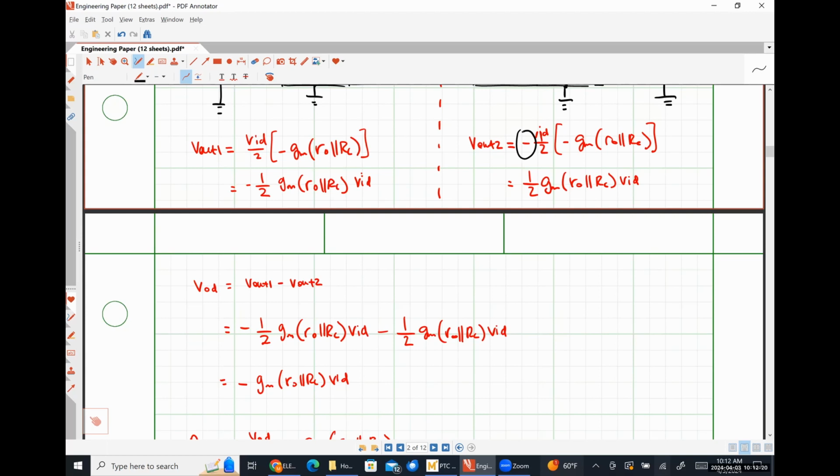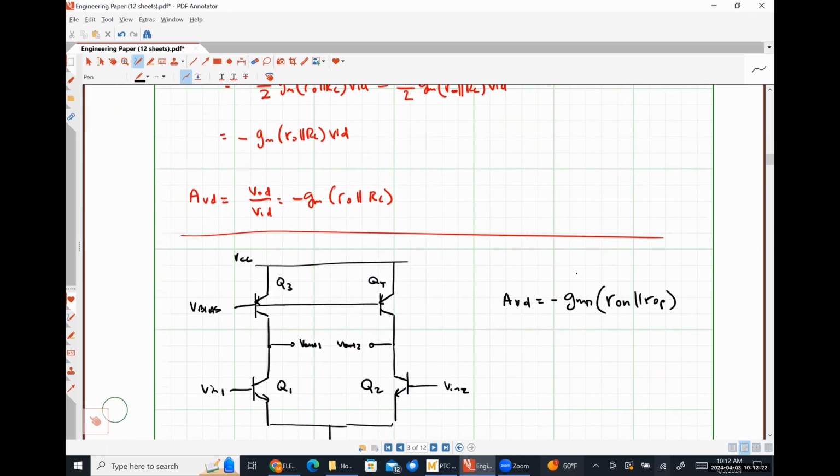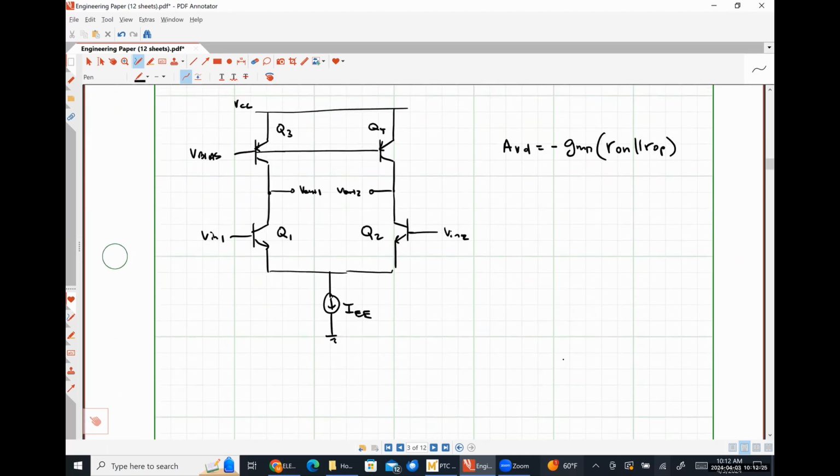Now, I'm getting a little bit ahead of myself here. We're not going to go into this analysis whatsoever, but right now, the circuit that I have drawn has a differential mode input and a differential mode output. We could convert this into something that has a differential mode input and a single-ended output.